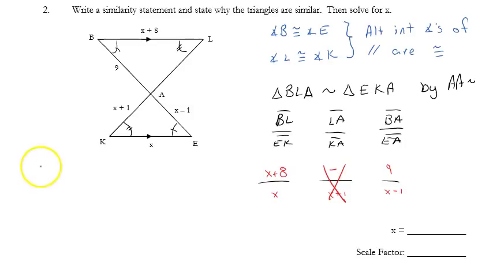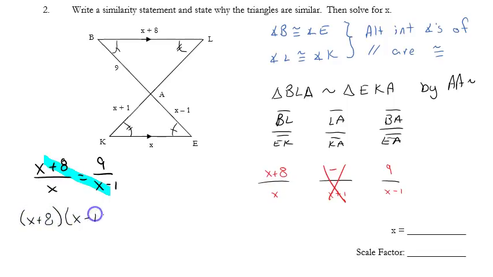So I need to set up the proportion x plus 8 over x equals 9 over x minus 1. These are one of the harder ones. When we cross multiply, on the first diagonal, it is x plus 8 times the quantity x minus 1, and that's going to equal 9x.